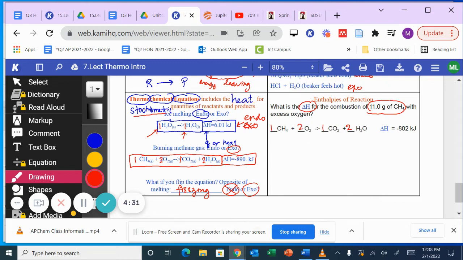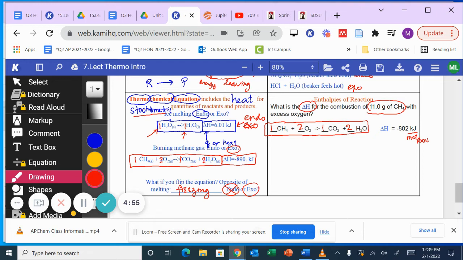So this means that for every 1 chemical equation like this, you're going to give off negative 802 kilojoules. I'm going to add another unit here. I'm going to say for every mole of this chemical reaction. So for every 1 of these, this reaction, you're going to get that. For every 2 of those, you're going to get double that.